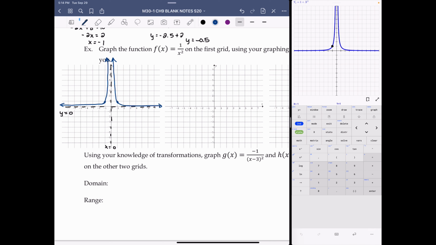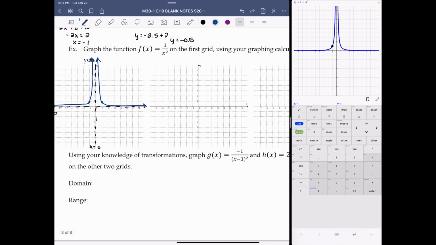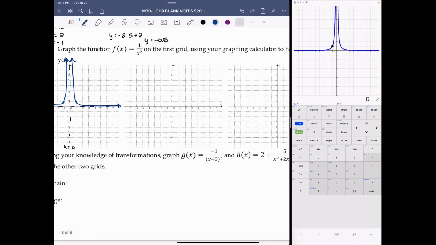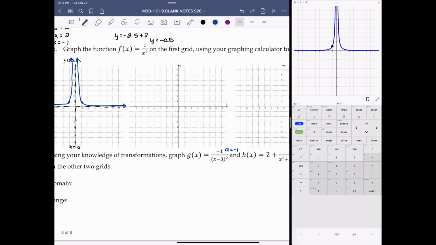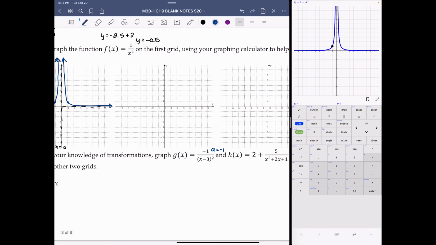So using our knowledge of transformations, let's graph g of x equals -1 over x minus 3 squared. We have -1, so a equals -1. And then x minus 3 squared, h equals 3. So it's going to go to the right 3 units.